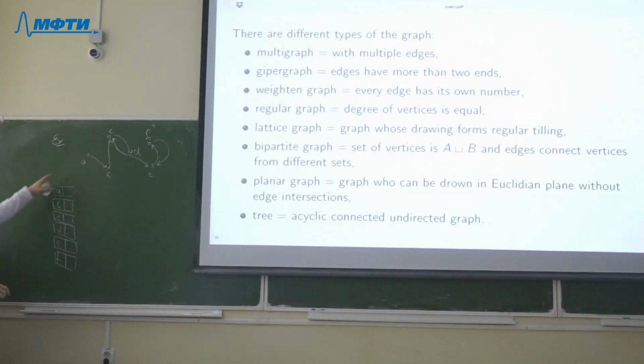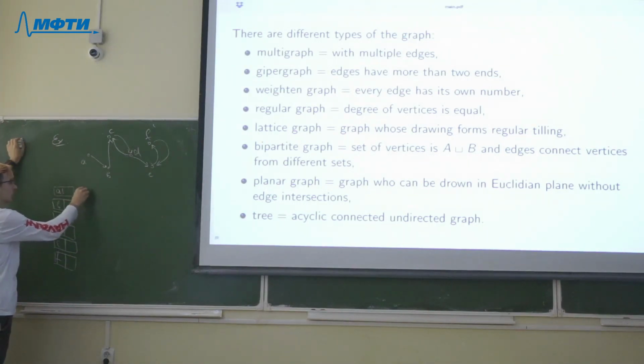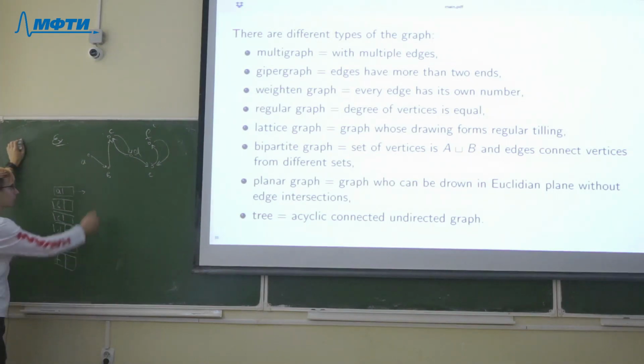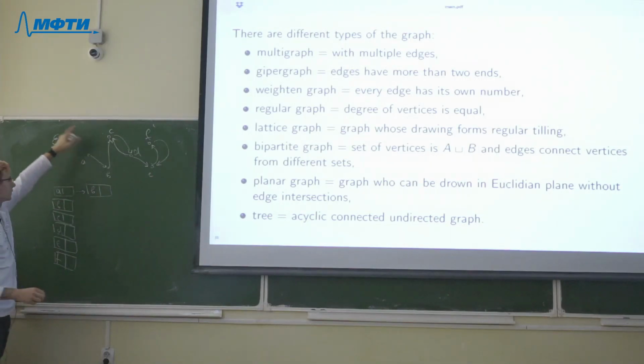Then, for A, only B. Yeah, we see which vertex is reachable from A in one move. Only B. Okay. For B, only C.